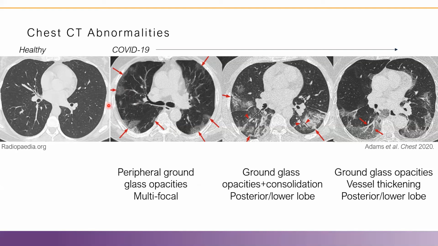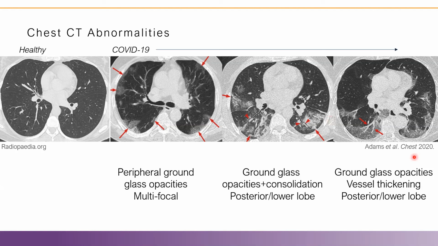And a ground glass opacity is essentially just described as a region of sort of foggy X-ray on the chest CT. In more severe cases, the ground glass might progress into complete consolidation, where you start to see denser opacifications on the chest CT, and oftentimes in the posterior regions or in the lower lobes.